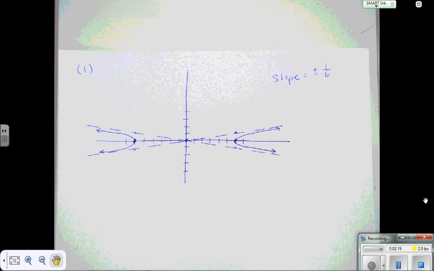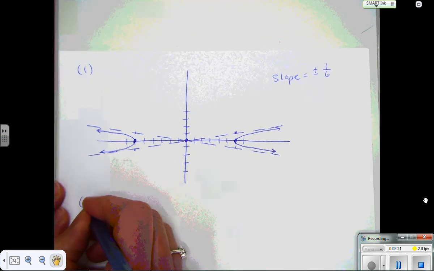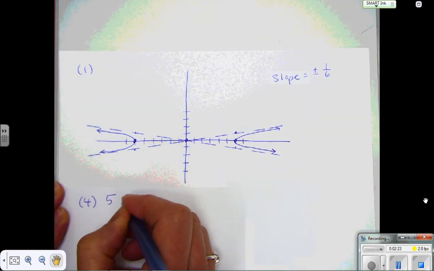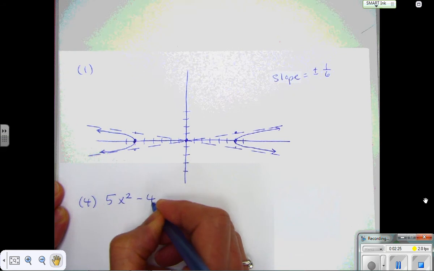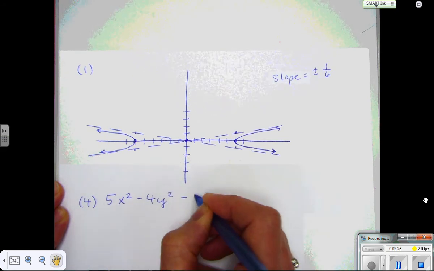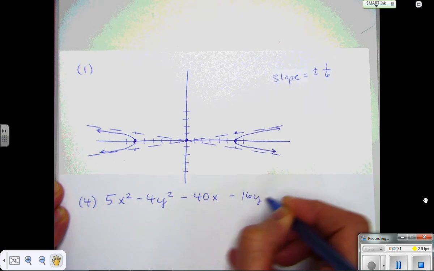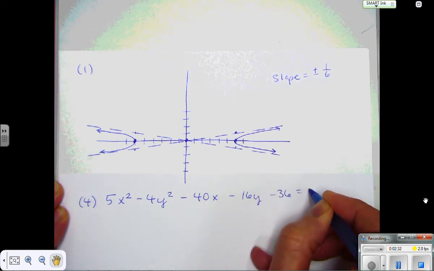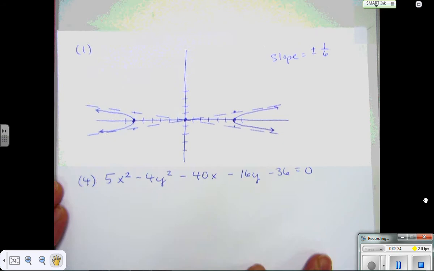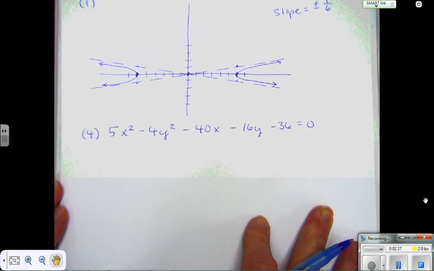Okay, let's look at number 4. Number 4 has linear terms. So I'm going to have to complete the square to get this into standard form.